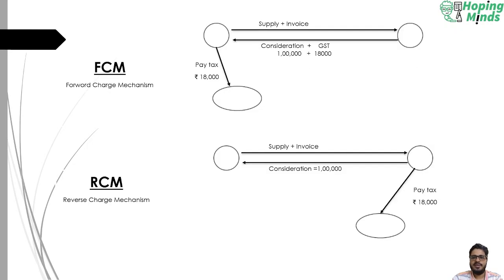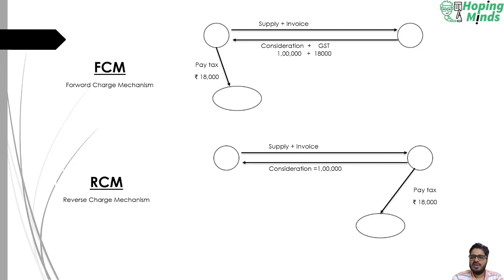Let us understand the difference between forward charge mechanism and reverse charge mechanism. Under the forward charge mechanism, the supplier of goods or services supplies the goods or renders services and raises the tax invoice to the recipient. Against such goods or services, the recipient pays the consideration amount along with GST.